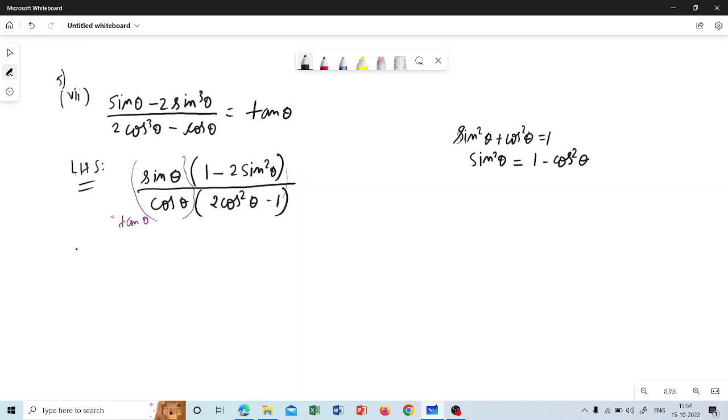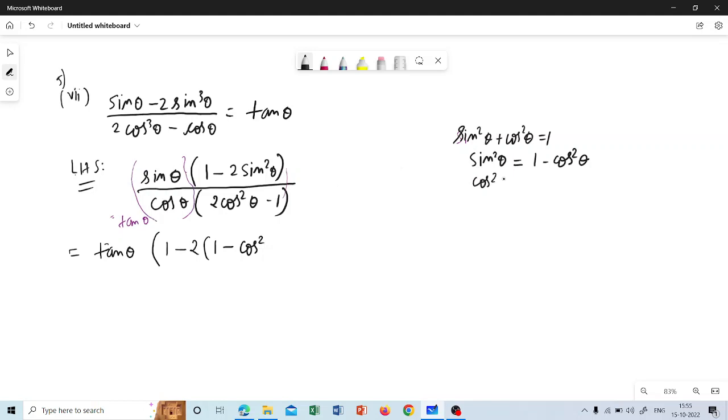so what will happen? I'll keep tan theta aside like this, and 1 minus 2 into, again, sine square theta, instead of sine square theta, 1 minus cos square theta. Rather, you can even do one thing: in the denominator you can substitute, because of this minus sign there is a chance that many people may commit an error.